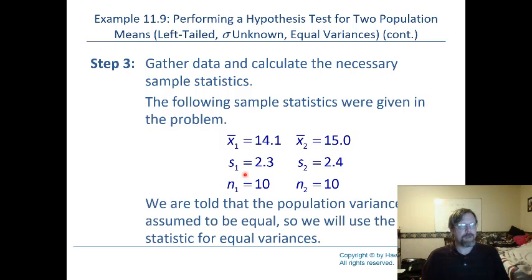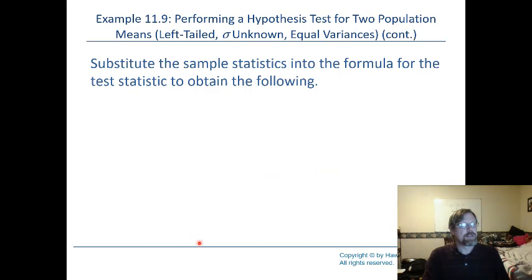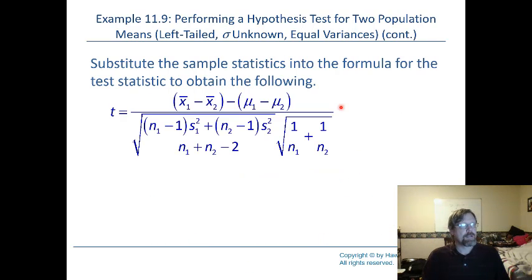Again, the population variances are assumed to be equal, so we're using the test statistic for equal variances, which is this messy looking thing. Again, that is our degrees of freedom for this test statistic down here.